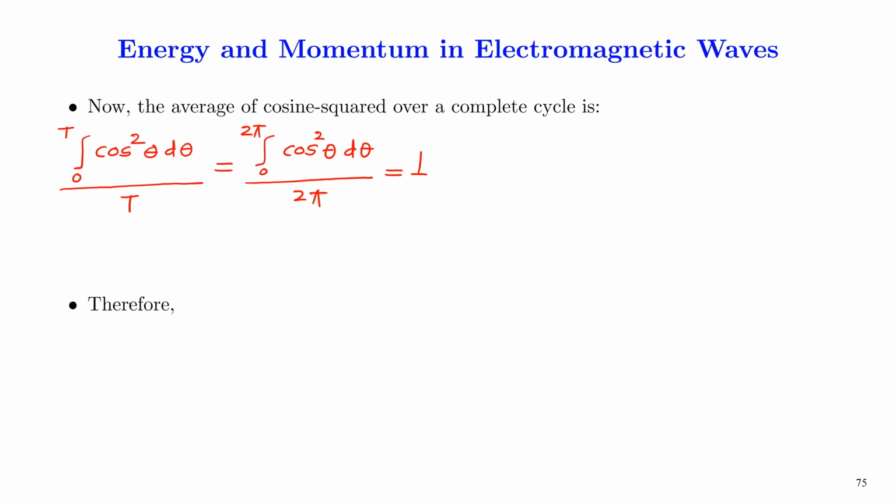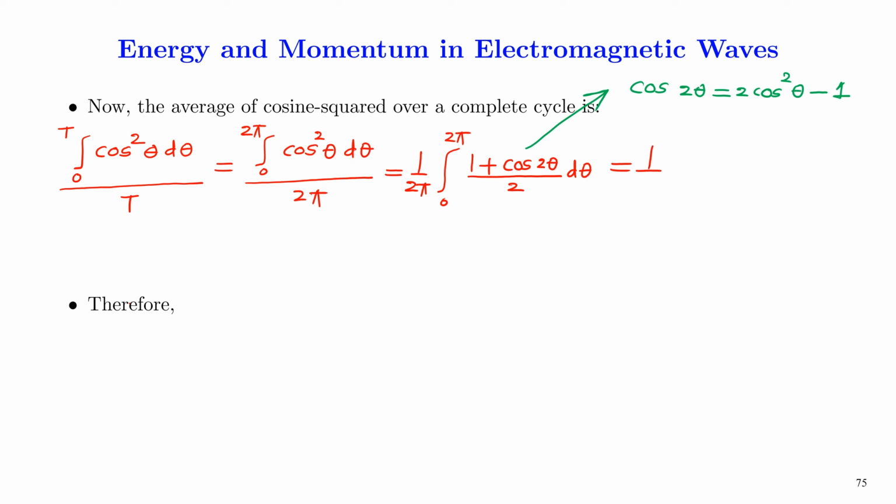This is equal to 1 over 2 pi times the integral from 0 to 2 pi. The cos squared term can be written as (1 plus cos 2 theta) over 2 d theta, from the trigonometric relation cos 2 theta equal to 2 cos squared theta minus 1.